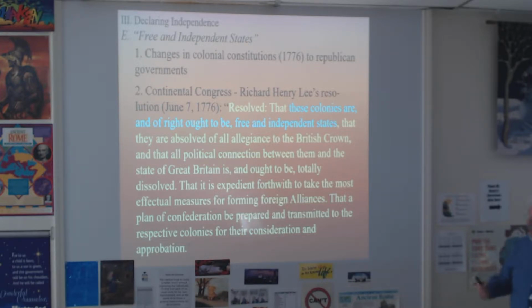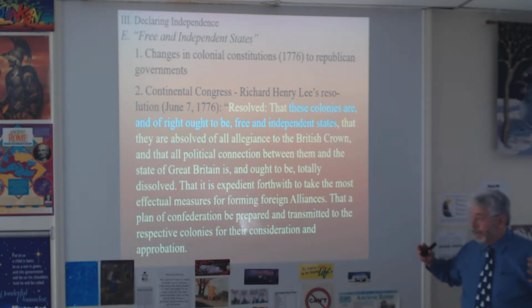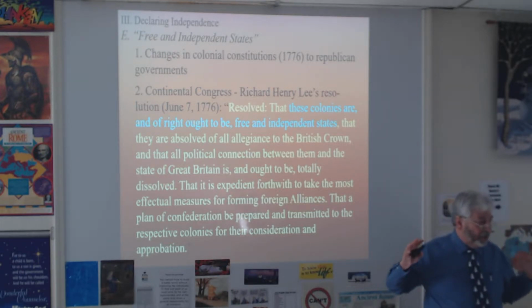"That it is expedient forthwith to take the most effectual measures for forming foreign alliances, that a plan of confederation be prepared and transmitted to the respective colonies for their consideration and approbation." So you can see that, first of all, the resolution is that the colonies are no longer tied to Great Britain.